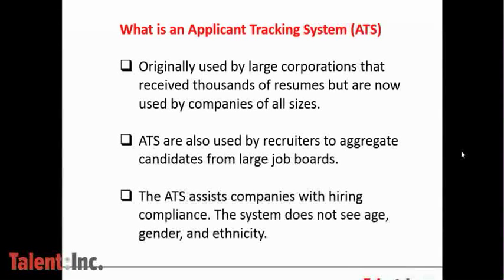One of the key benefits to the company, though, about applicant tracking systems is hiring compliance. The systems do not see age, gender, ethnicity, or any of the other things that human beings can use to pass over a candidate. So as a first blush within a company's HR system, the ATS becomes very important to be compliant with employment laws.